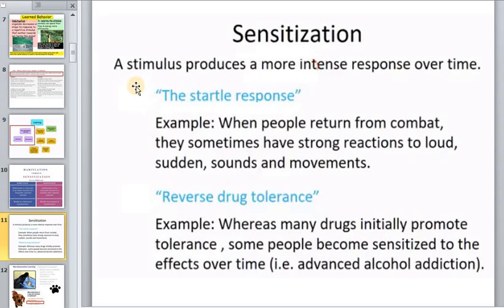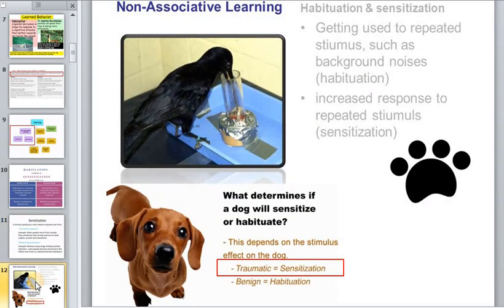Stimulus produces a more intense response over time, more intense. It's like when people return from combat, they sometimes have a strong reaction to loud sounds and movements, and reverse drug tolerance, of course. But we have the same situation.